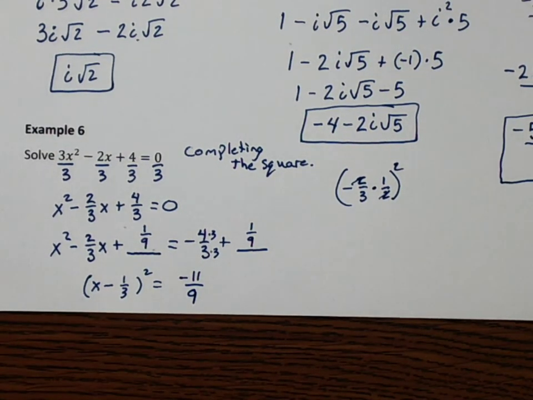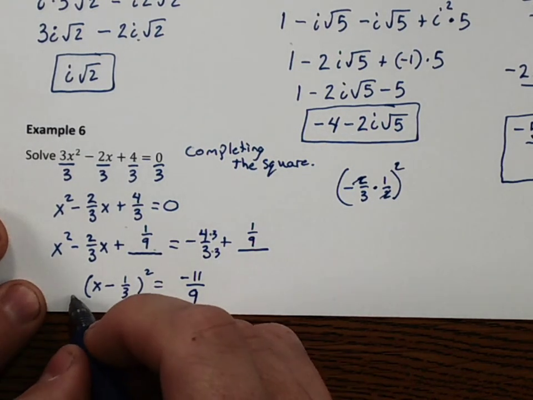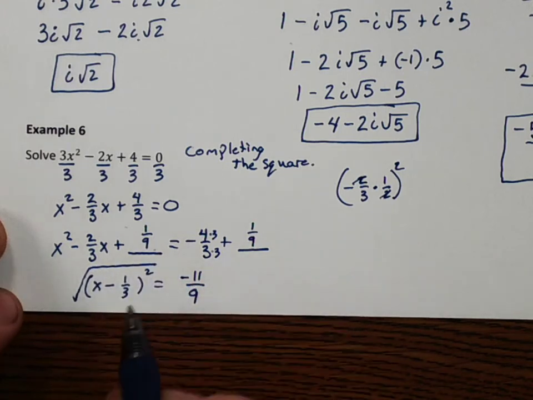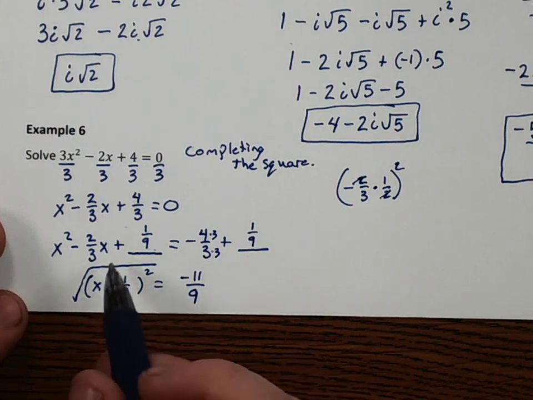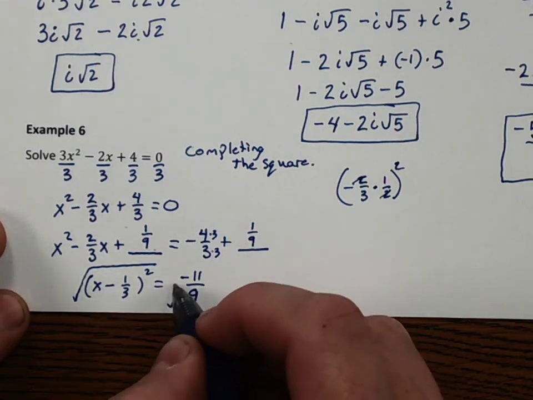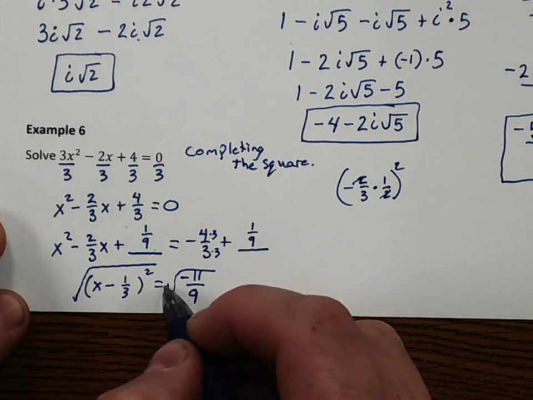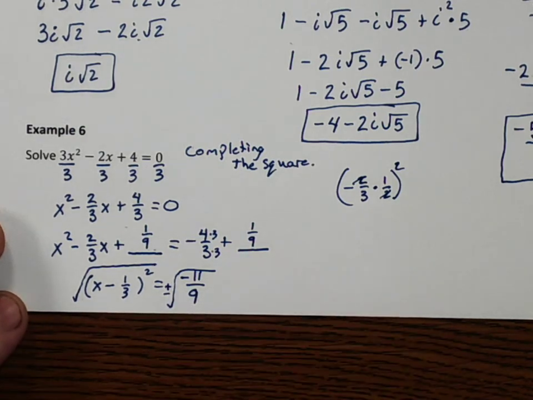Now, how do you finish solving this for x? This is why it's showing up in this complex number unit. I solve a square by taking the square root, as long as this whole entire side is being squared. So I'm going to square root this entire side. If I square root this side, I'm going to square root this side. If I square root this side, don't forget your plus and the minus.